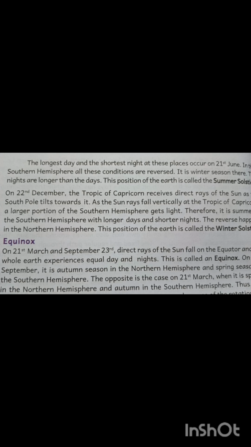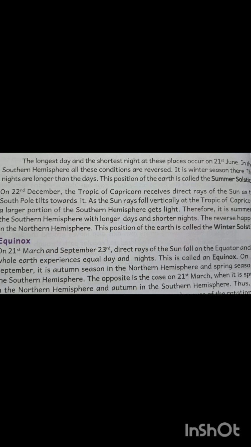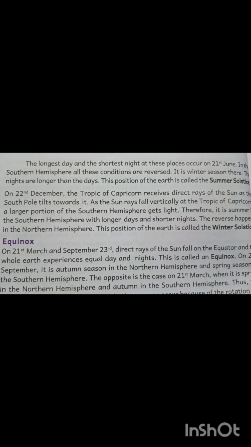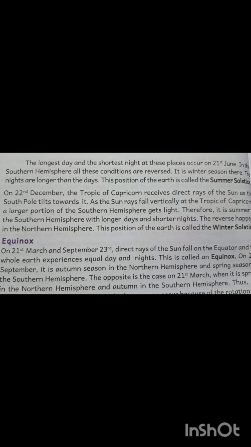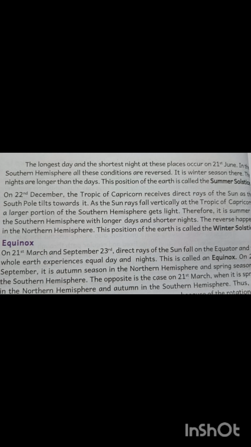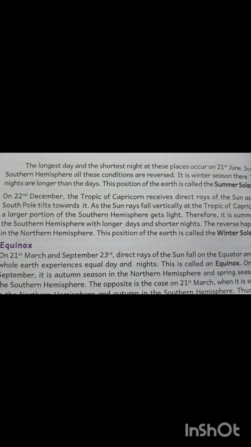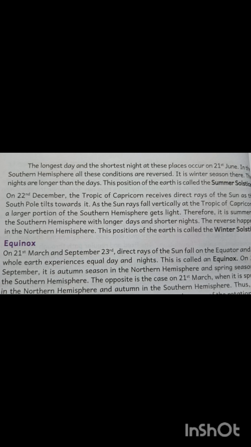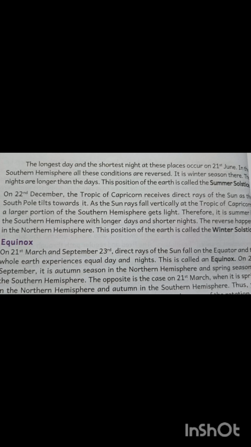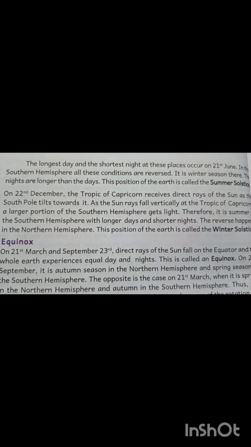On 22nd December, the Tropic of Capricorn receives direct rays of the sun as the South Pole tilts towards it. As the sun's rays fall vertically at the Tropic of Capricorn, a large portion of the southern hemisphere gets light.